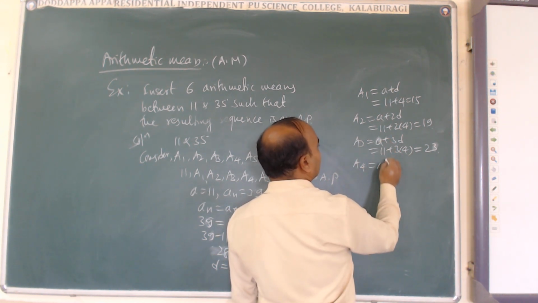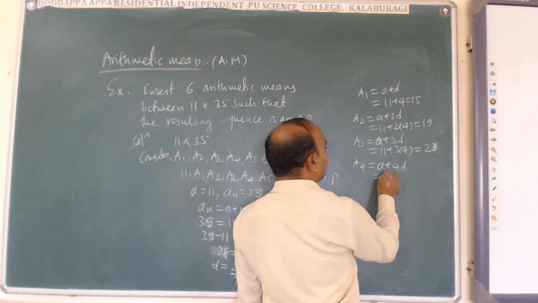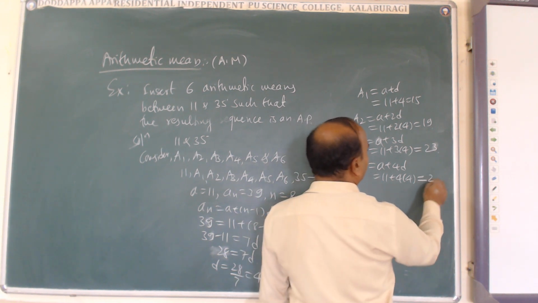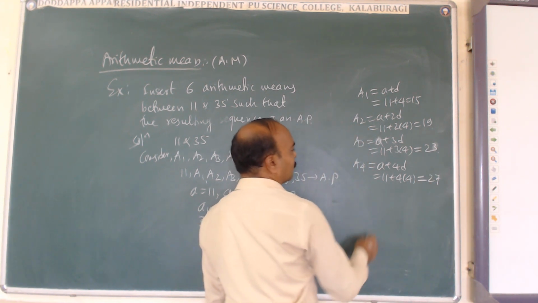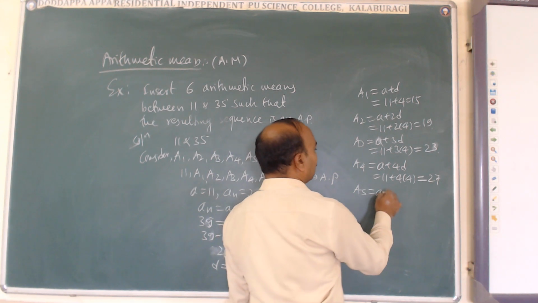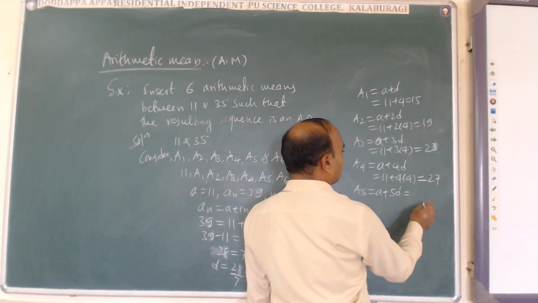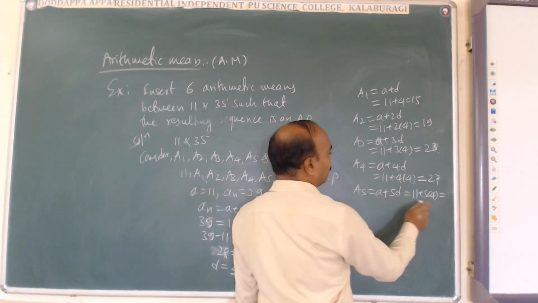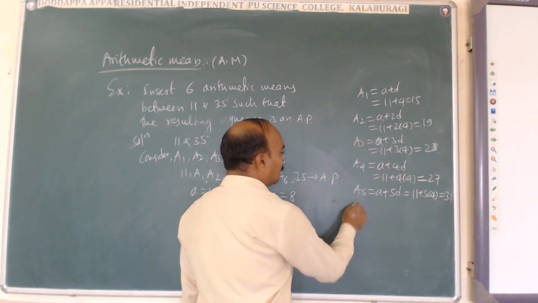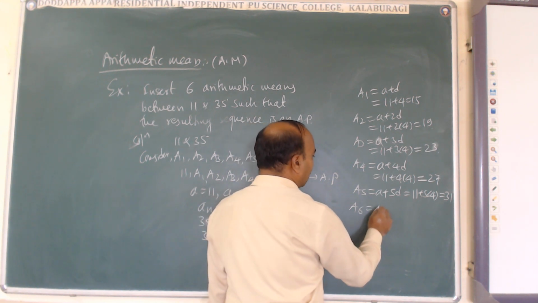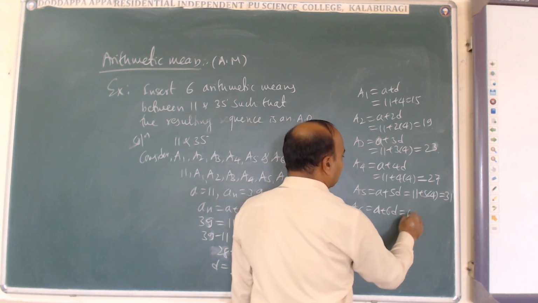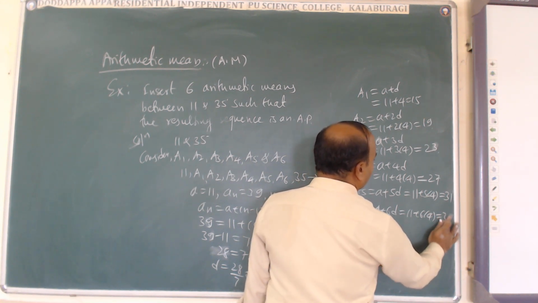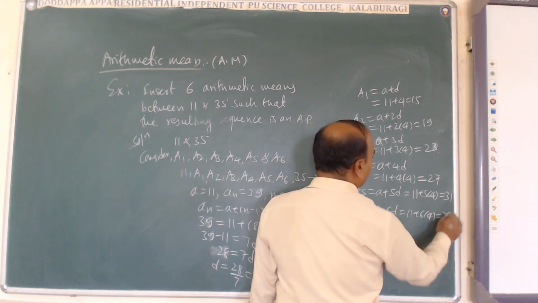It is a plus 4d. 11 plus 4 into 4. It is 27. Next a5 equal to a plus 5d. It is 11 plus 5 into 4. It is 20 plus 11, 31. a6 equal to a plus 6d. It is 11 plus 6 into 4. 24 plus 11 is 35.